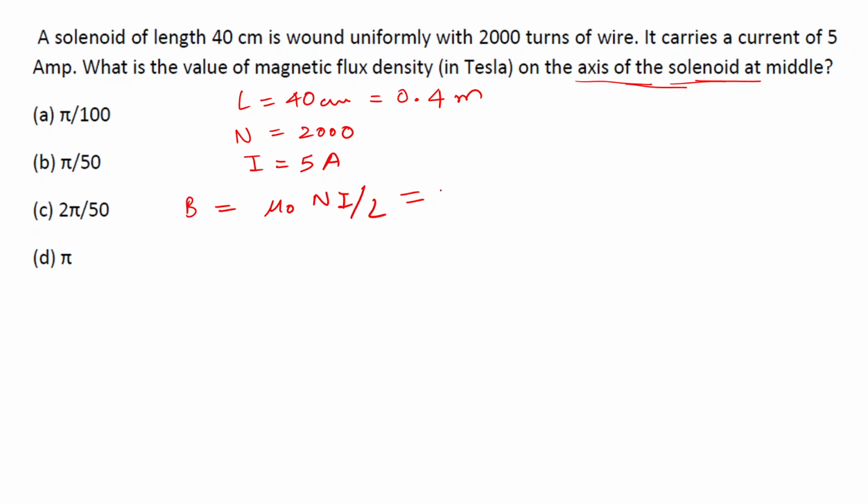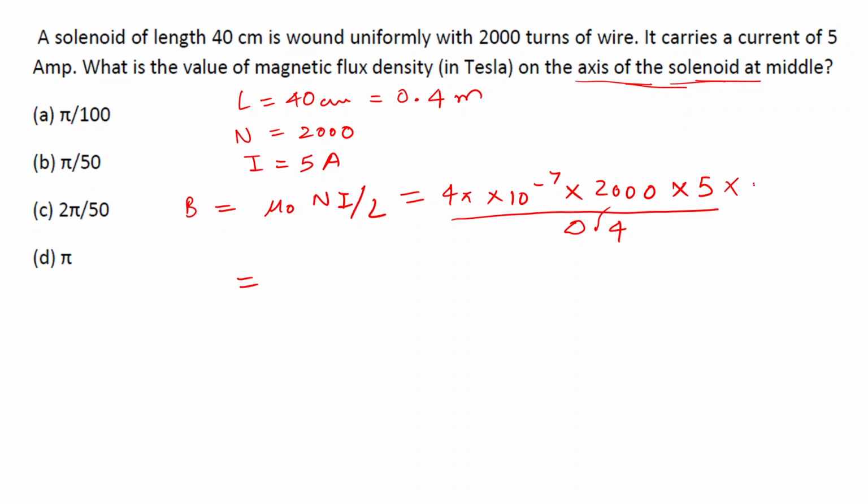So just putting the values, mu naught is actually 4 pi times 10 to the power minus 7, number of turns is 2000, current is 5 ampere, length of solenoid is 0.4 meters. Solving this, we don't need to find out the actual value, we can just keep it in terms of pi.